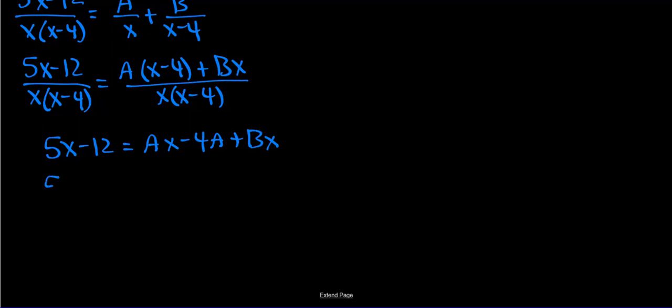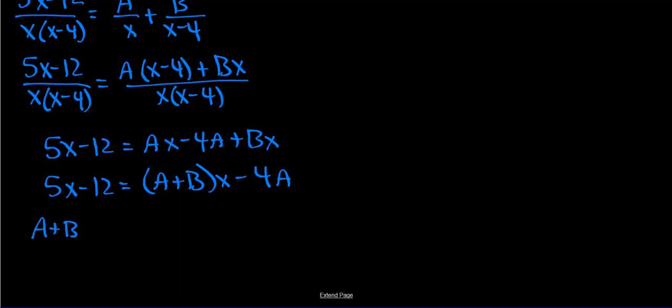So here's what I'm going to do. I gather my x's together. Now, if these two sides are equal, then a plus b must equal 5. The coefficients of the x's have to be the same. And negative 4a must equal negative 12.